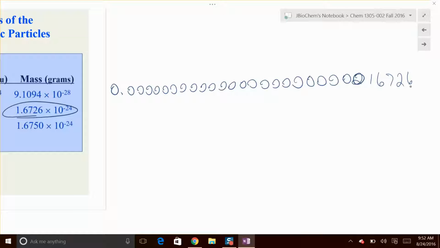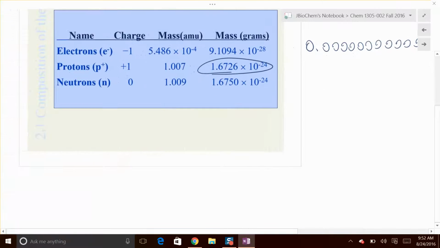And how does that relate to the number of atoms? Well, I can figure out how many atoms are in that mass that I have in the laboratory. And then I know how many atoms I need of this and how many atoms I need of this and react them to form my compound. So we deal with very small things, so we have to use very large amounts of them. That's the idea behind this.